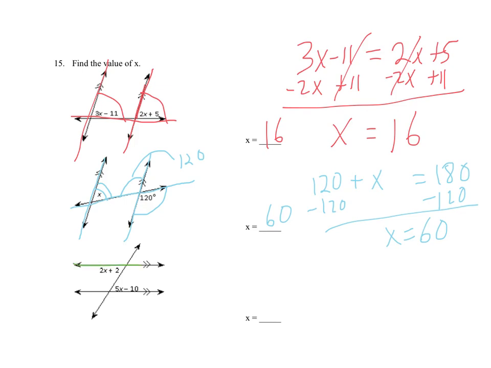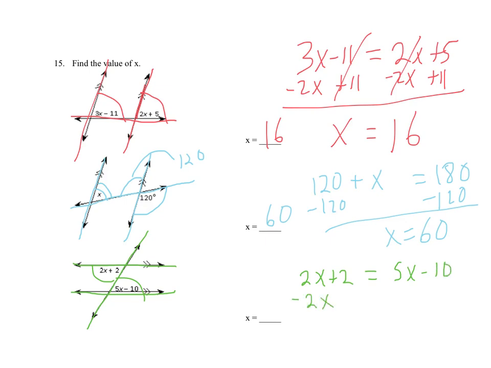We have parallel lines which are cut by a transversal. We have this angle and this angle. Those are alternate interior, and alternate interior angles are congruent. So 2x plus 2 is equal to 5x minus 10.